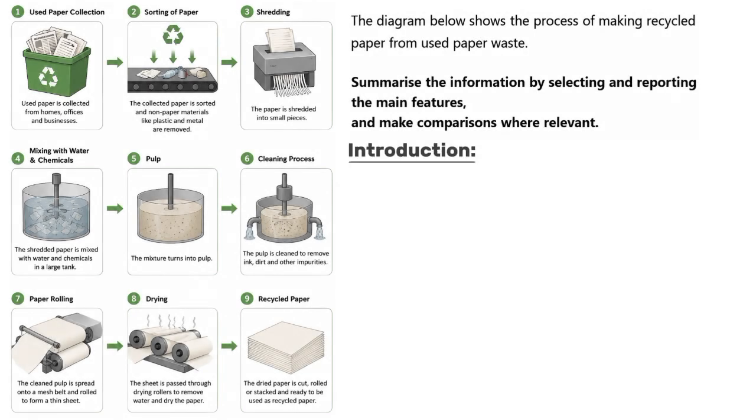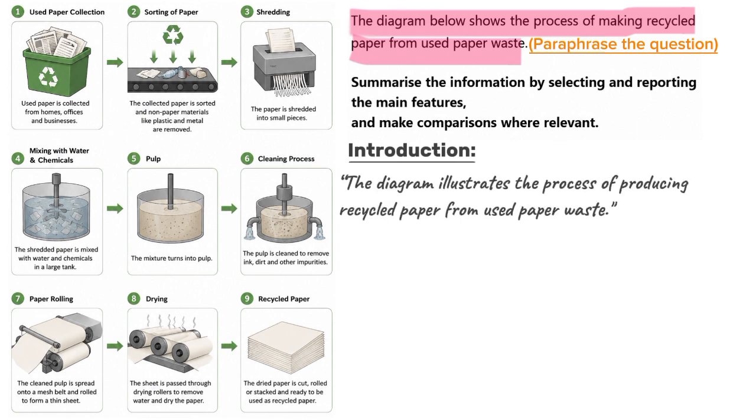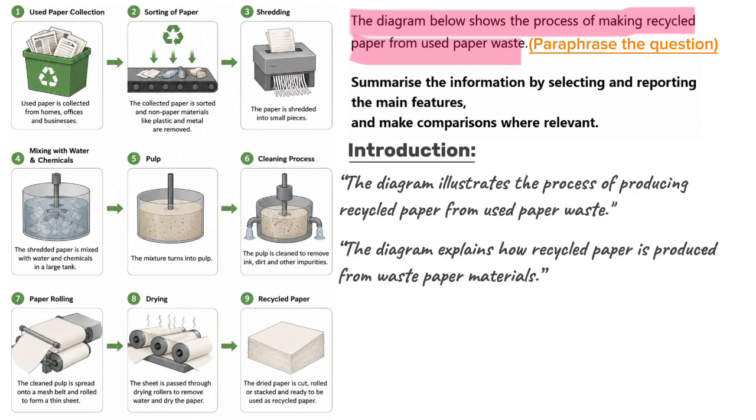For the introduction, we need to paraphrase the question. Instead of writing, the diagram illustrates the process of producing recycled paper from used paper waste, we can write, the diagram explains how recycled paper is produced from waste paper materials.